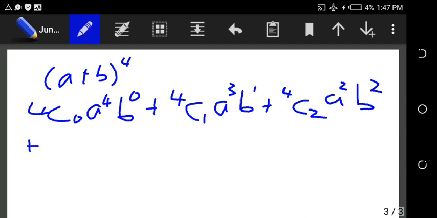Continue. All right, the next is still 4 combination. We have 3 now. Remember that our r is increasing and going to 4 combination 3.